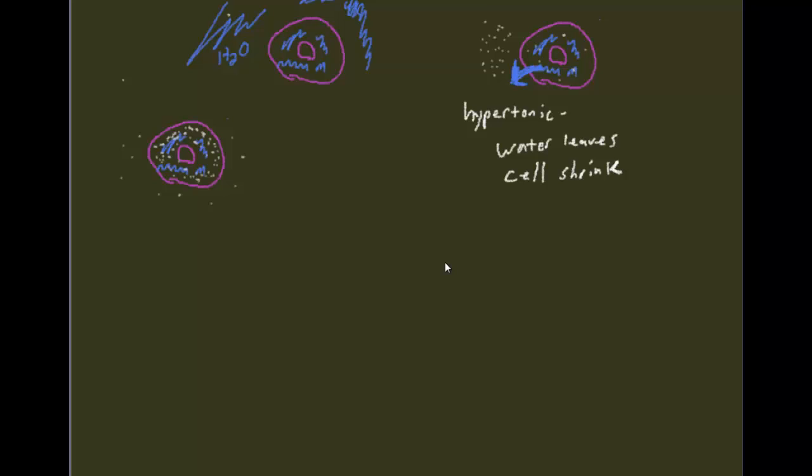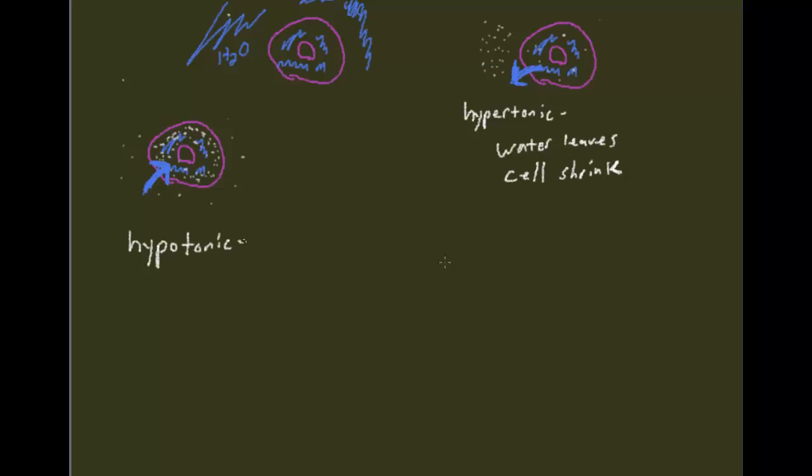Then what will happen in that case is water will flow from outside the cell. Notice I'm not talking about the salt, I'm talking about the water. The water will flow from outside the cell to the inside of the cell. This is called a hypotonic solution.